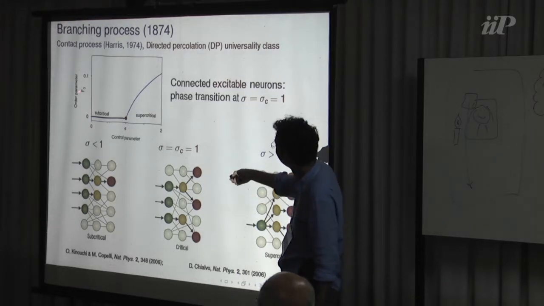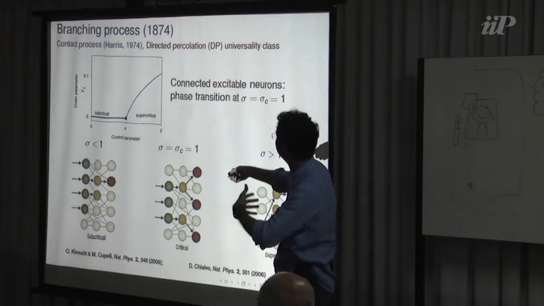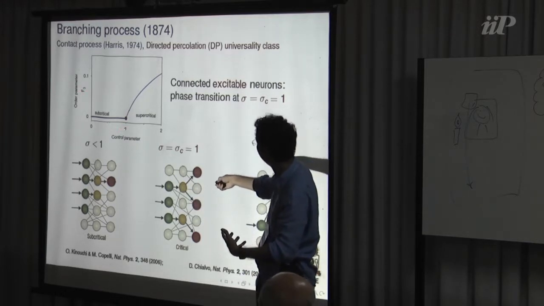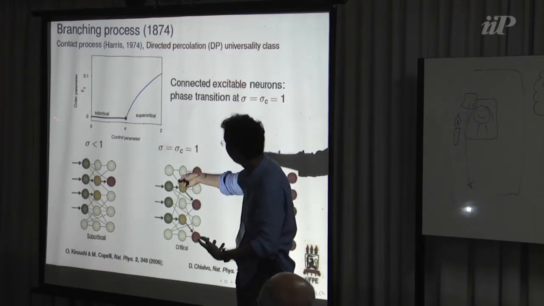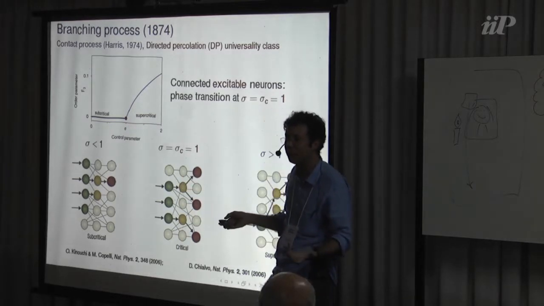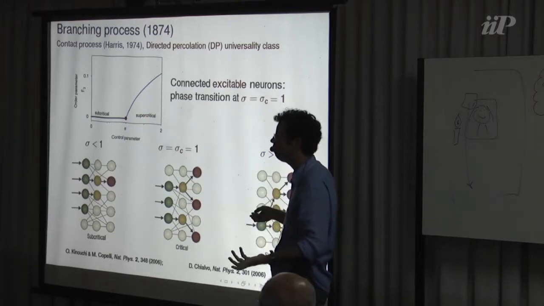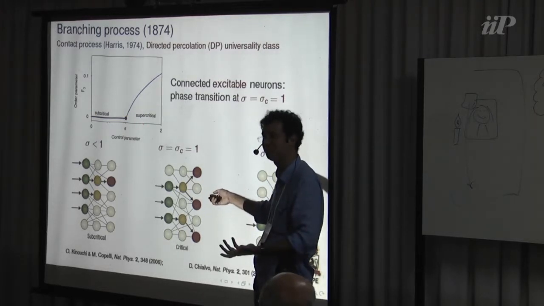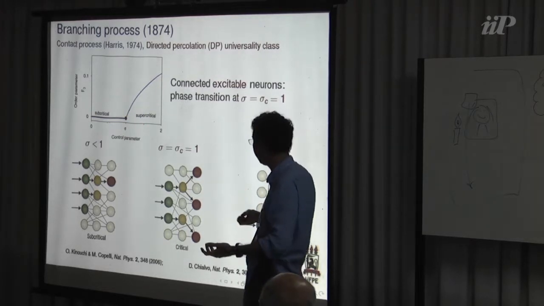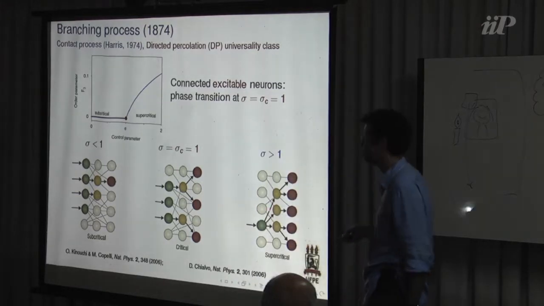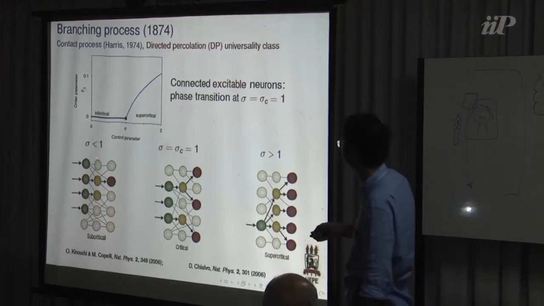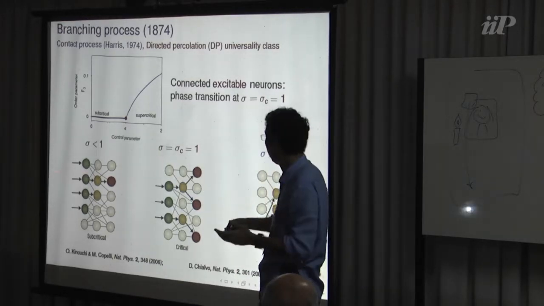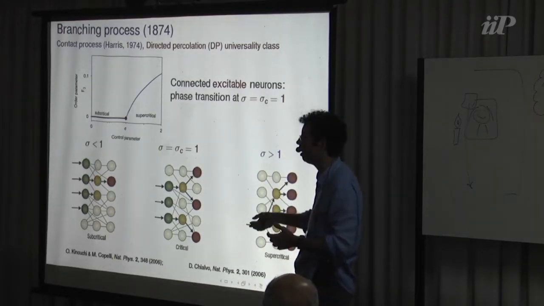So spontaneous activity of the network as a function of the coupling is 0 if the coupling is too weak, and it's non-zero if it's supercritical. Essentially because of the scenario that John has already shown you, in a subcritical system, so sigma less than 1, you create less than you receive, well, activity eventually dies out.